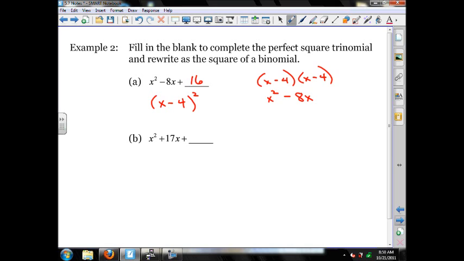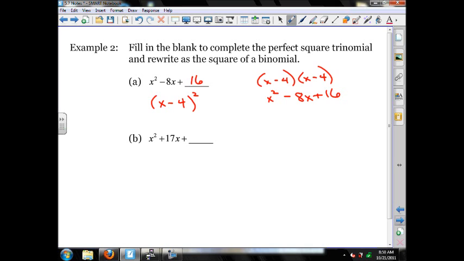Obviously, we wouldn't have to just kind of guess and check at it until we get it. How can I get the minus 4 and the plus 16 rather quick? Where does the minus 4 come from? How does it relate to this minus 8? It's half. Will it always be half?